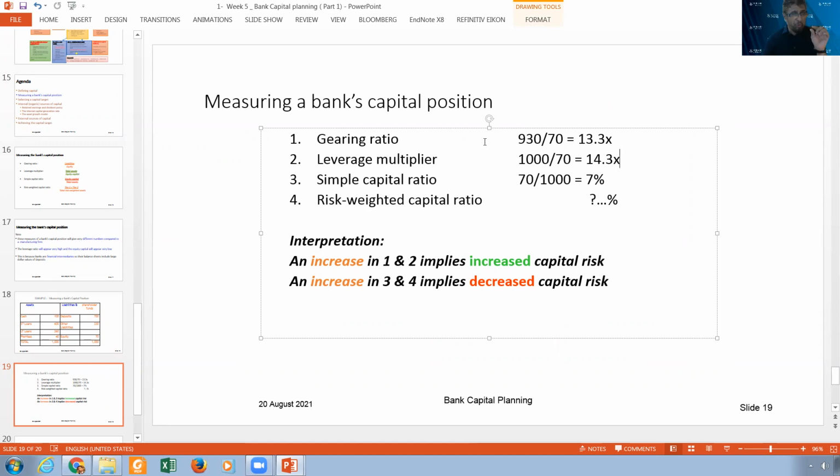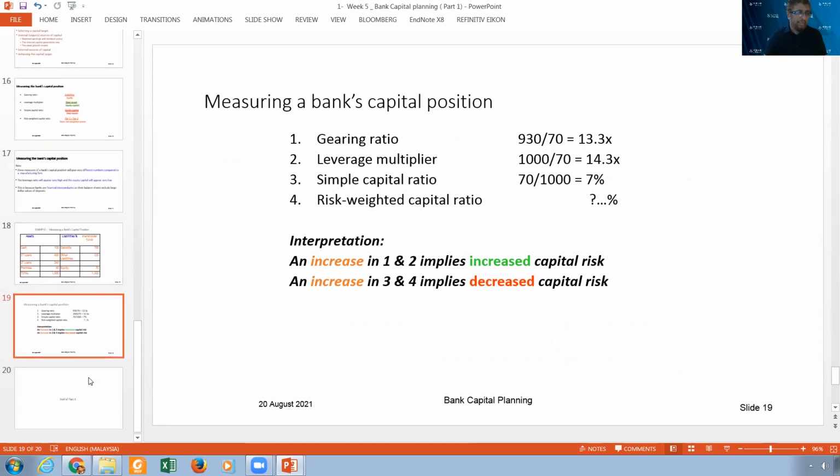When capital becomes smaller relative to the liabilities, it also increases capital risk. But when my capital is the numerator and it increases, this percentage is likely to increase, so that is decreasing capital risk. When it increases here and here, it decreases capital risk simply because our capital is increasing. Here, our capital is decreasing. It's as simple as this.